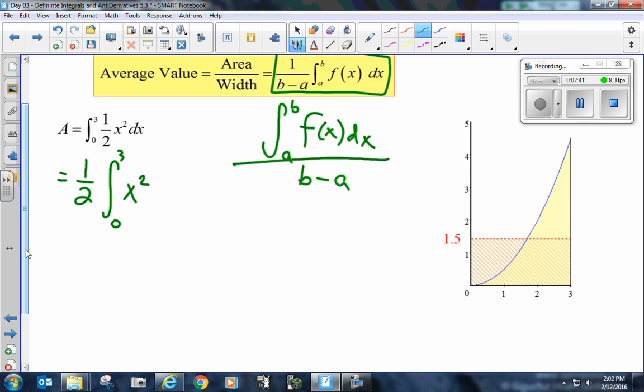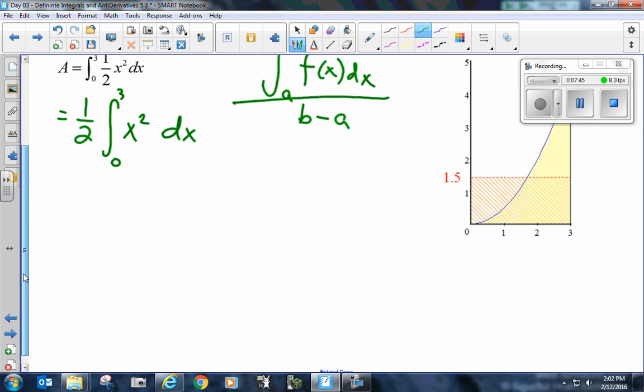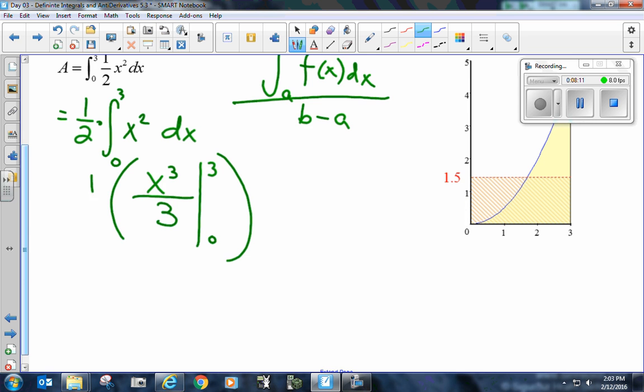Okay? What is the integration of x squared? What are my steps? I add 1 to the exponent first, then I divide by that. It's x cubed over 3. It's x cubed because I add 1 to here first, then I divide by that new exponent. From 3 to 0. Now let's not forget, I still got to take this whole thing and multiply by 1/2.